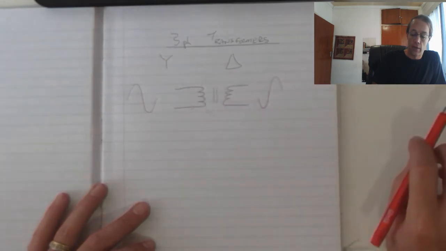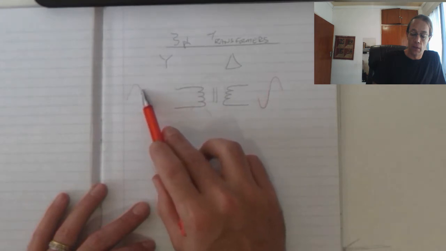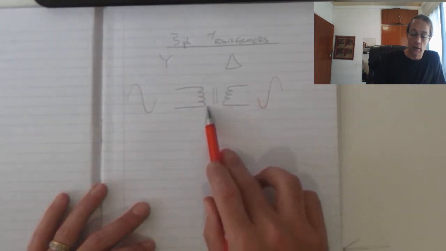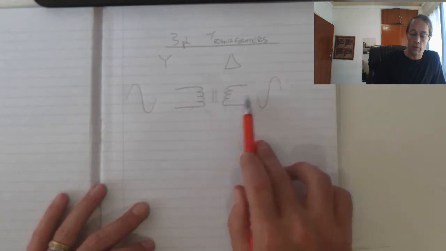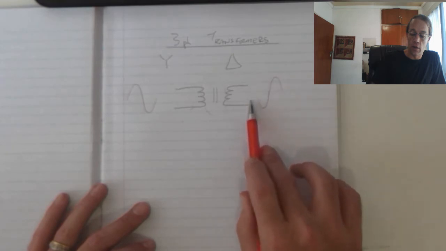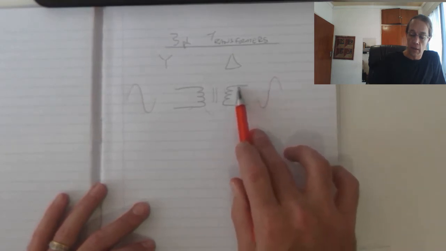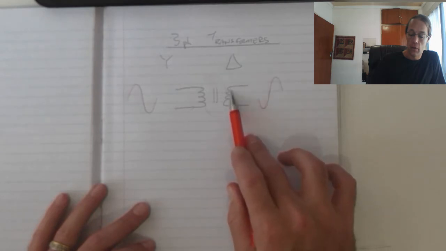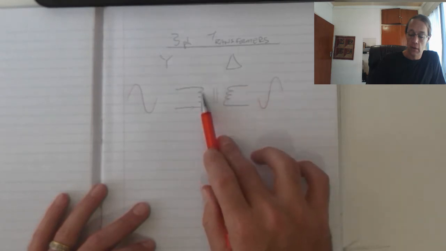So this is simple in the sense that voltage generates a current, the current generates a magnetic field, and that magnetic field generates a voltage. Now we have to remember that if the circuit is closed, we're going to have a current flow in this circuit as well. As a result, it's going to generate its own magnetic fields, which in turn is going to influence the magnetic fields on the primary.